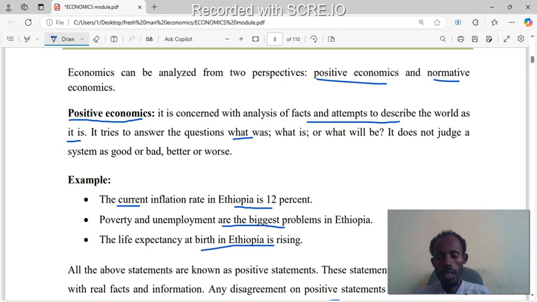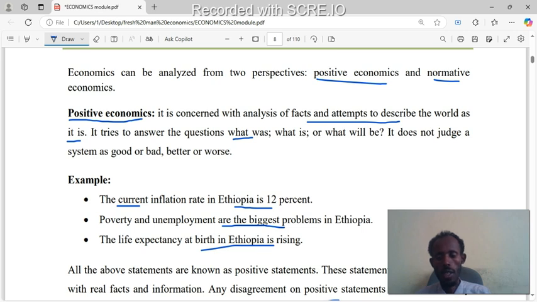Again, poverty and unemployment are the biggest problems in Ethiopia. This sentence only describes the two problems of Ethiopia. Whether poverty and unemployment are bad or good in the Ethiopian situation is not described by positive economics.